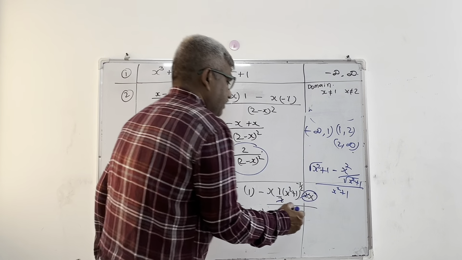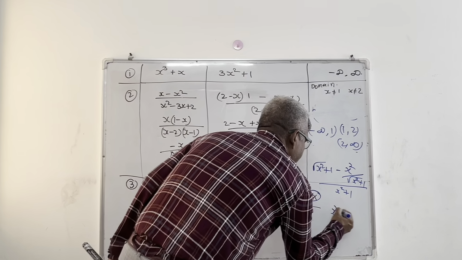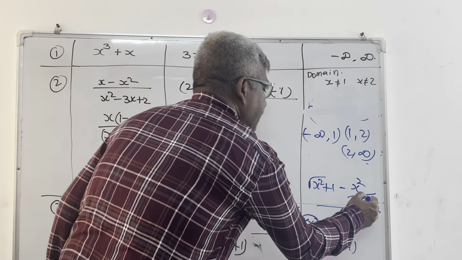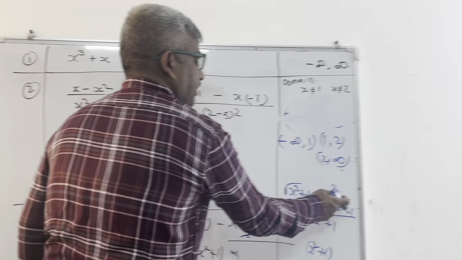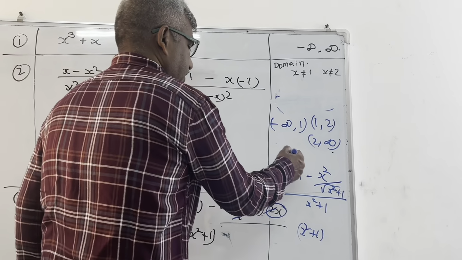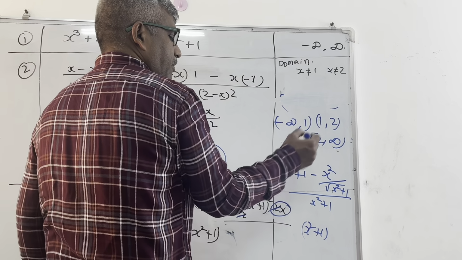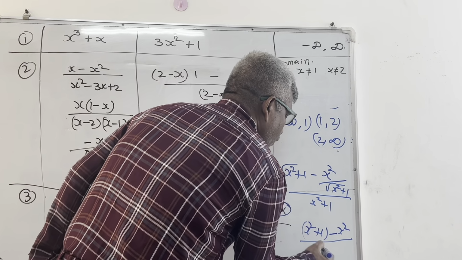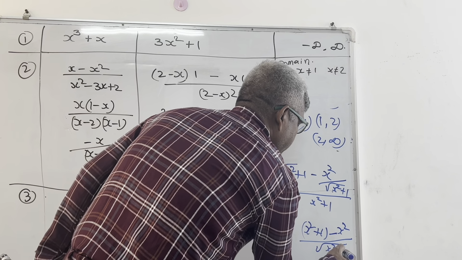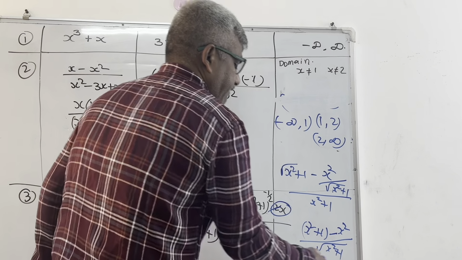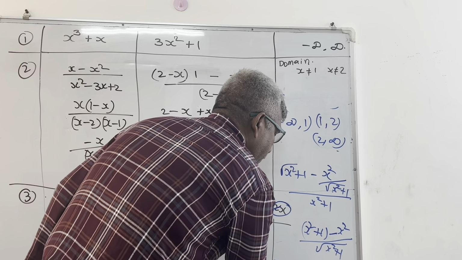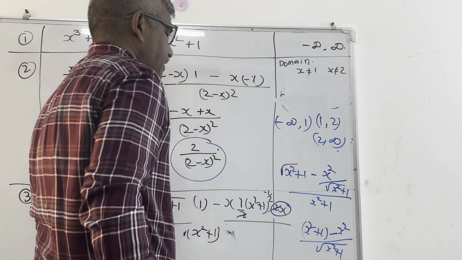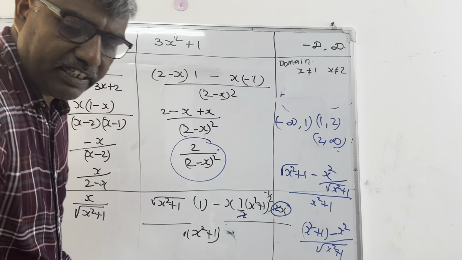So I am taking the LCM. Multiplying, x squared plus 1 will come, minus x squared over square root of x squared plus 1, divided by x squared plus 1. Okay, now I just write it here.